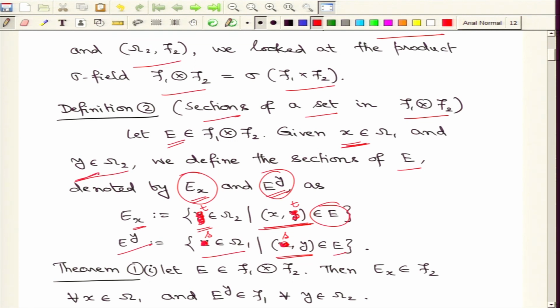In the lecture notes finally supplied to you, I will make these corrections. I hope you have followed the definition of a section coming from the sets of the product sigma field. But now, let us move on.